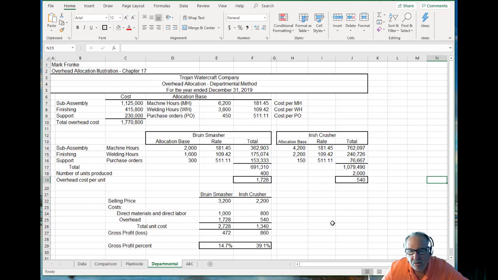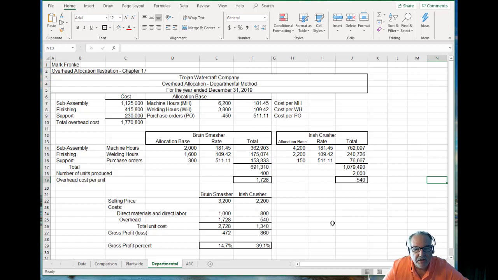The Irish Crusher, we're using 150 purchase orders to make 2,000 units. So for some reason, the Bruin Smasher is highly purchase order intense, and we maybe want to go ask some questions about why that's happening.